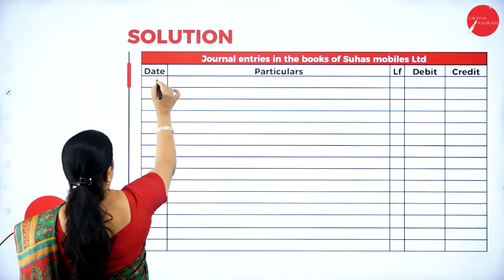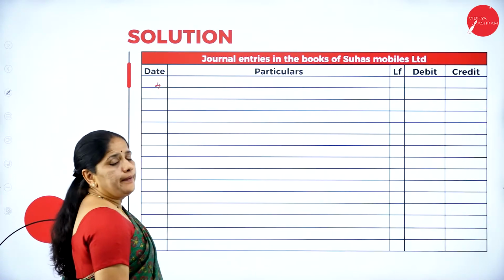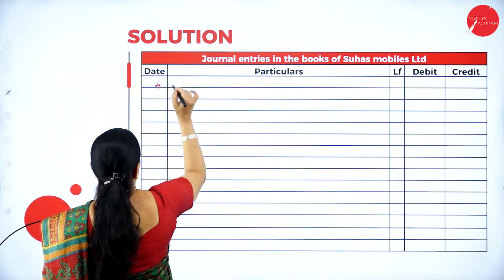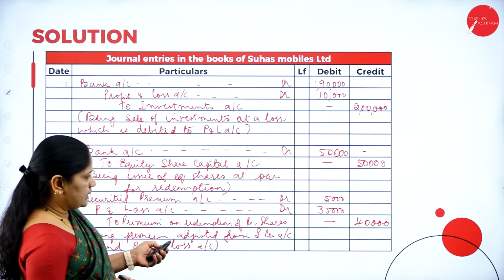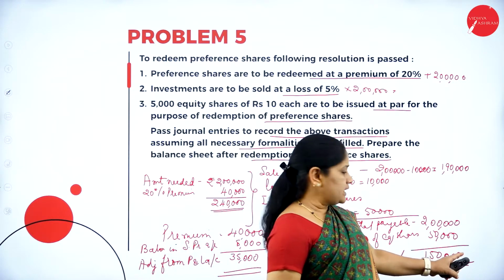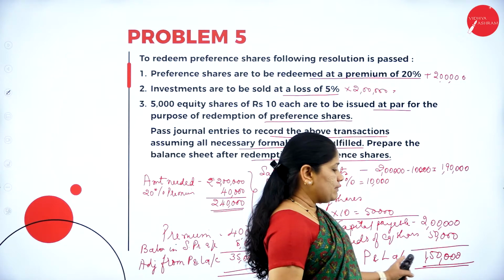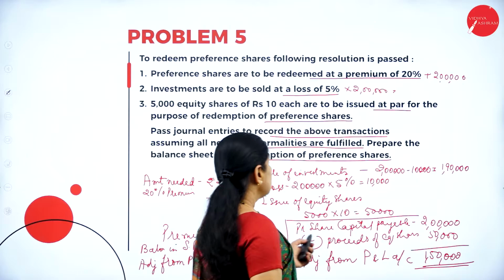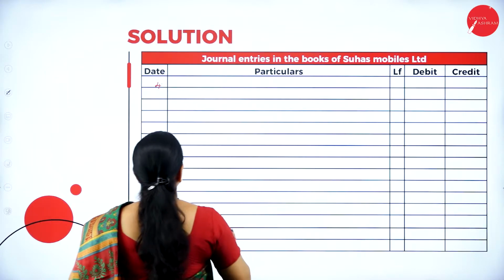Now the next entry will be for the transfer to capital redemption reserve. So if you can see here in the previous calculations, so we have the proceeds of equity shares 50,000. So the balance I have to draw from profit and loss account 1,50,000. So that I will have to make an entry.